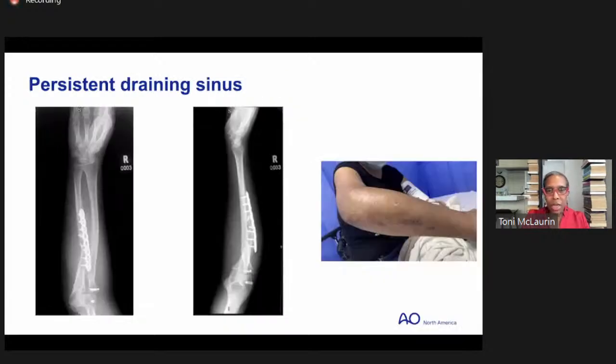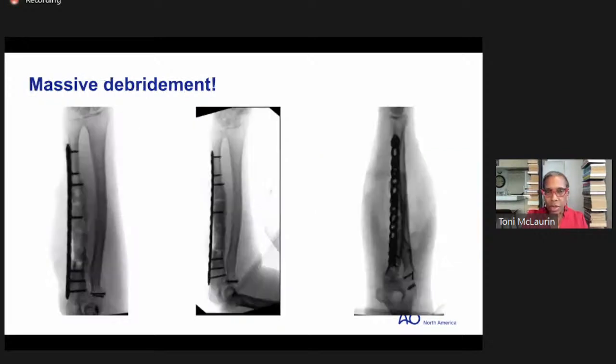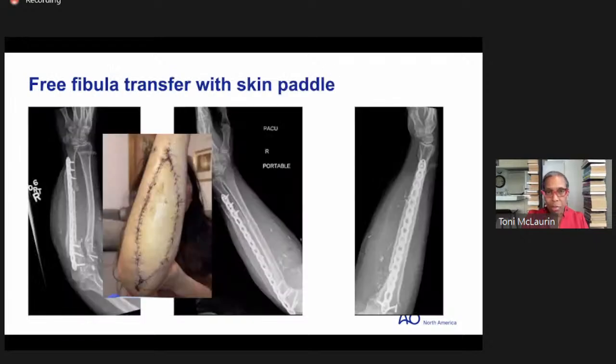And then if you take this to its most extreme, again, same thing, persistent draining sinus. So I thought, it's going to be a little bit of an ulnar debridement. And by the time we finished, it was this massive gap in here. And so again, sequelae. And she actually underwent a free fibula transfer with a skin paddle. And this is what she looked like ultimately.